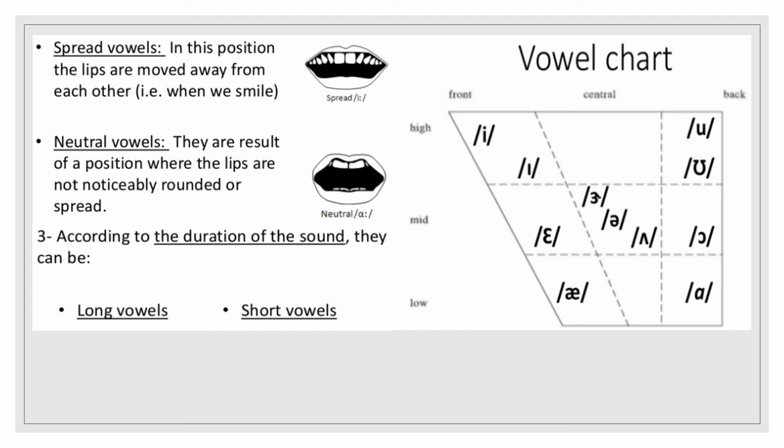In this position, the lips are moved away from each other, like when we smile. For example, when you pronounce the sound E or long E. Neutral vowels are the result of a position where the lips are not noticeably rounded or spread.